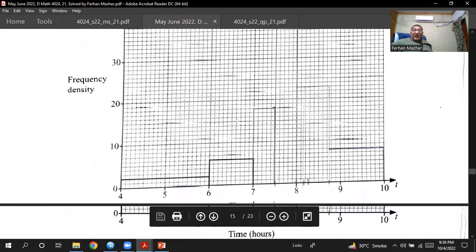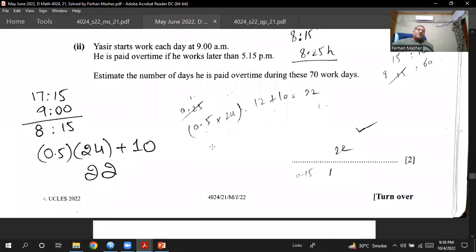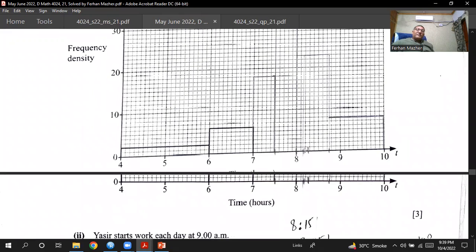So from my histogram, I can tell you this is 8.25. I will find the area of this bar, and the area of this bar, and I will add them. This one is from 8.25 to 8.75, so this length is 0.5.